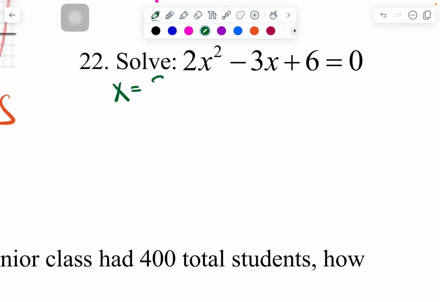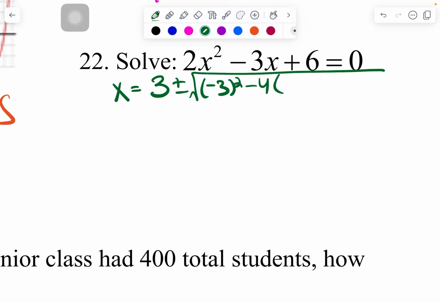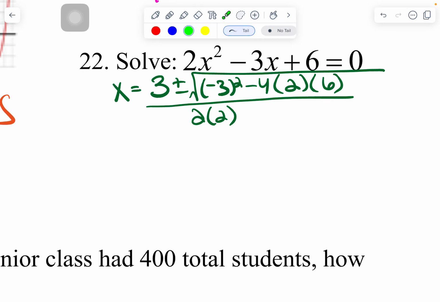X is equal to the opposite of b plus or minus the square root of b squared minus 4ac all over 2a. Now notice, as I was saying it, I was saying the b, the a, and the c, but I was substituting: b is -3, so the opposite of b is +3. A is 2, so there's a 2 and a 2 there, and then c is 6, that one goes there.